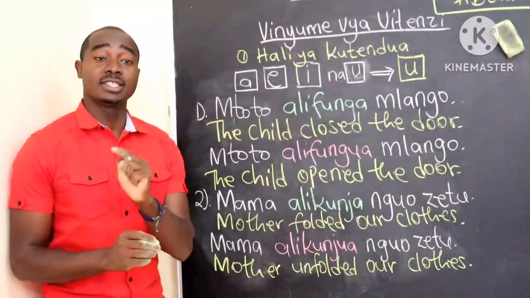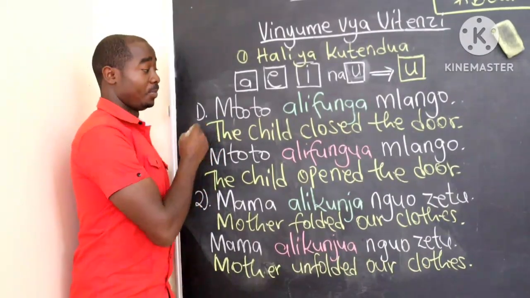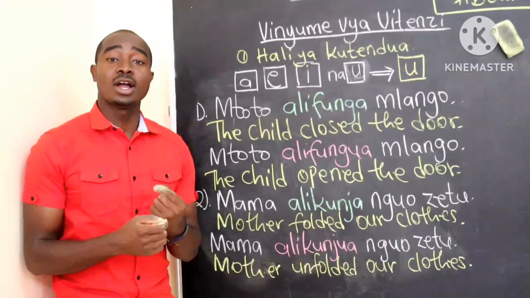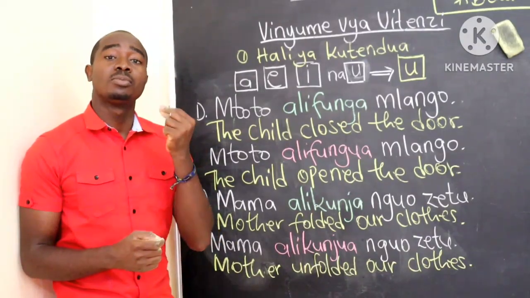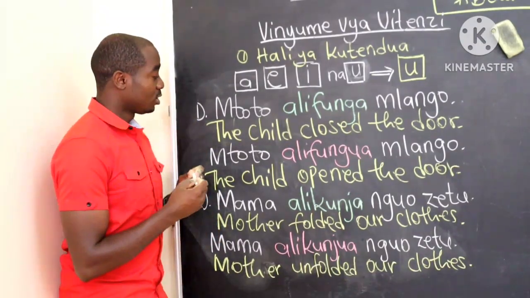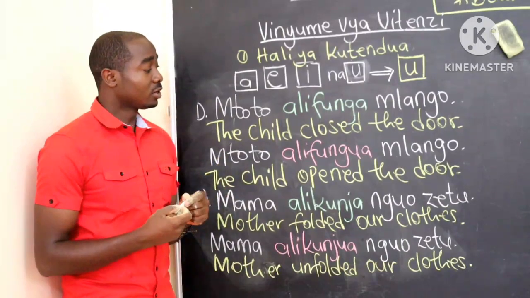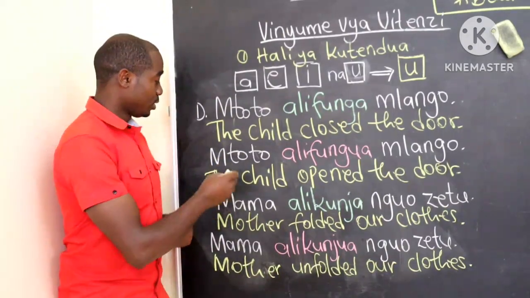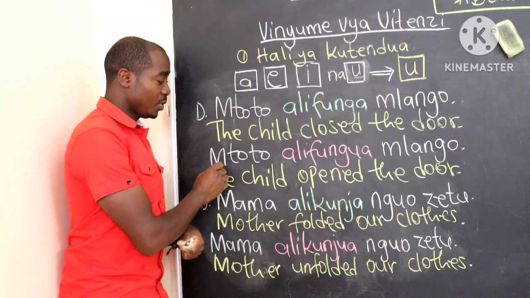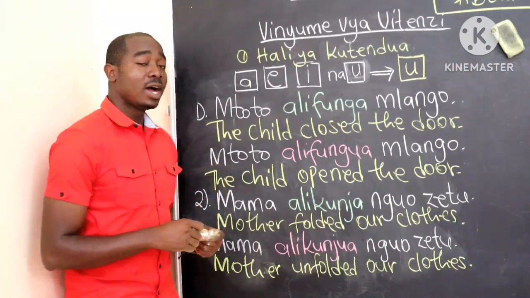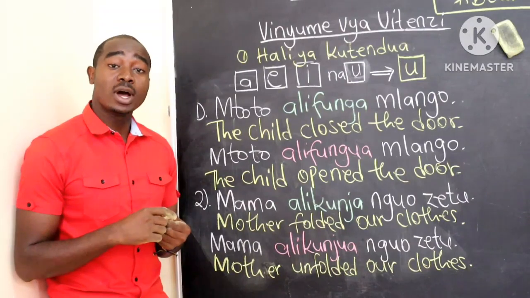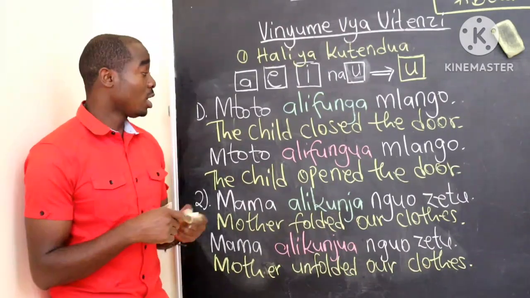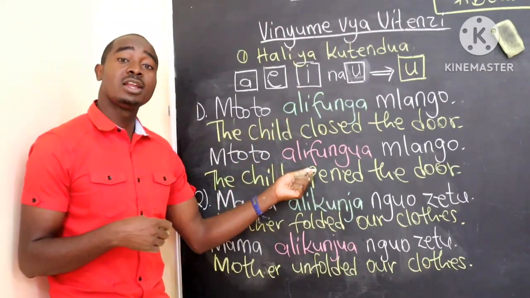Moja, mtoto alifunga mlango. The child closed the door. The opposite, au kinyume itakuwa hivi, mtoto alifungua mlango. Alifunga itakuwa alifungua.